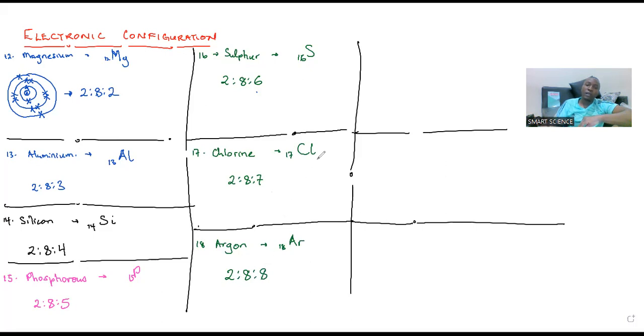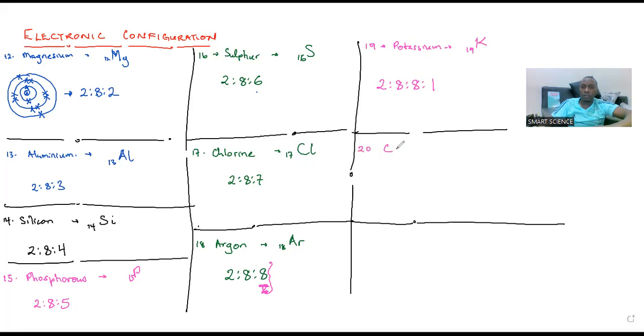And on argon, we find out that the third energy level is now filled up. That means the element which comes next, that is potassium, symbolized by capital K with atomic number 19, will enter a fourth energy level because the third energy level is filled up and cannot take up any other electron. So we shall find that the electron configuration is 2, 8, 8, 1.